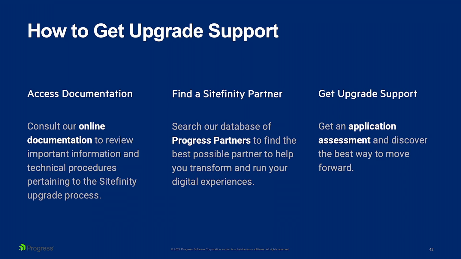And last but not least, you can get an application assessment directly from us. So there you go, 3 ways to keep your Sitefinity deployment up and running, so you can benefit from all those wonderful capabilities that we've folded in this release.